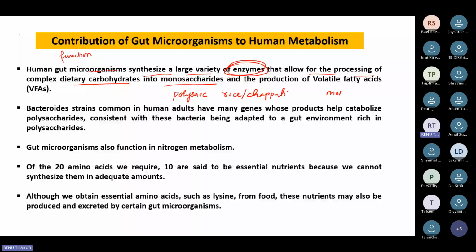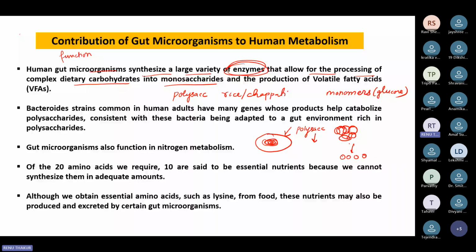It can only sense monomers, that is glucose. So this is a cell, and you are feeding it with polysaccharide. It has a metabolic machinery that can convert the complex polysaccharide into simple monosaccharide. So this is not achieved de novo.